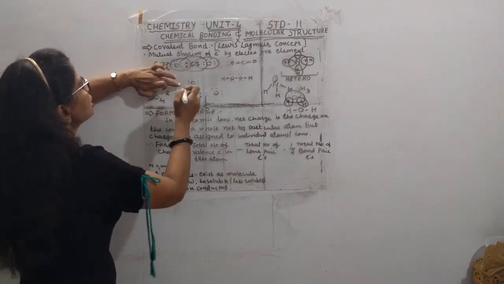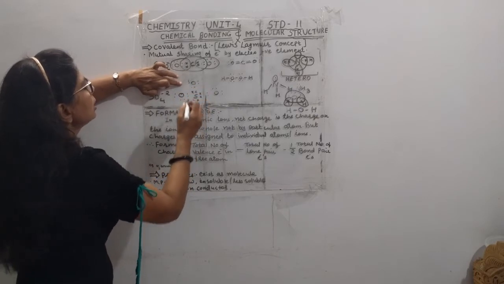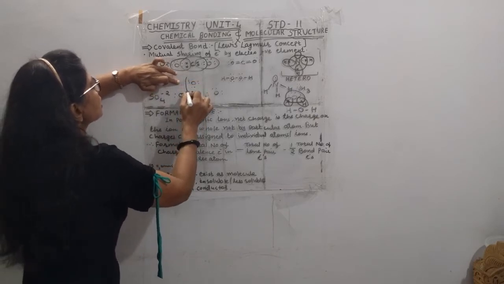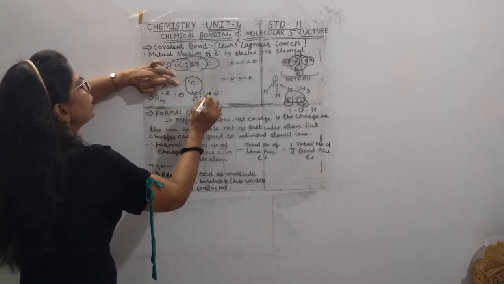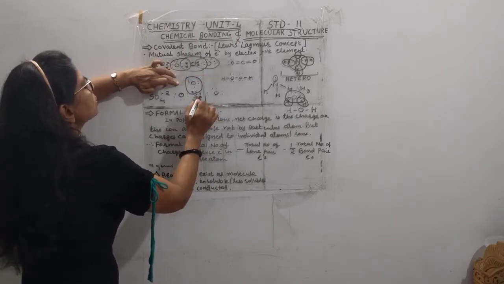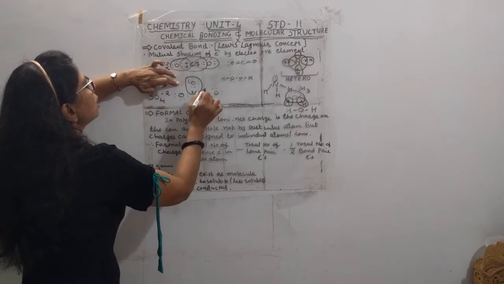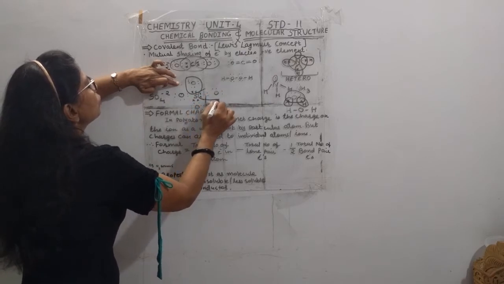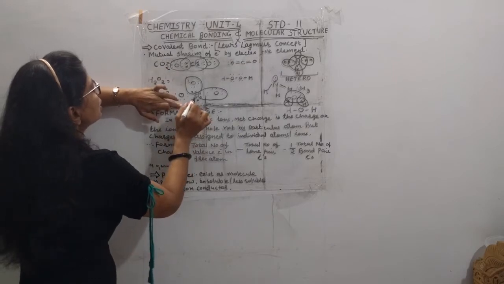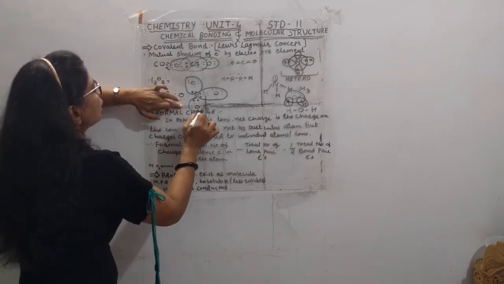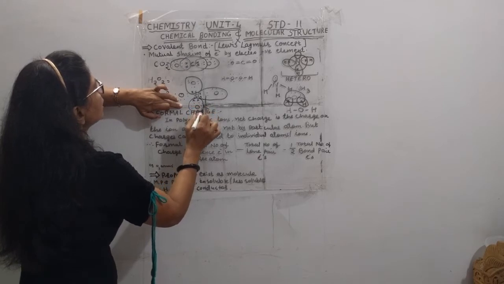Now we will try to see the octet rule. For this oxygen, octet is completed. For this, 4 and 4, 8, octet is completed. For this, octet is completed.